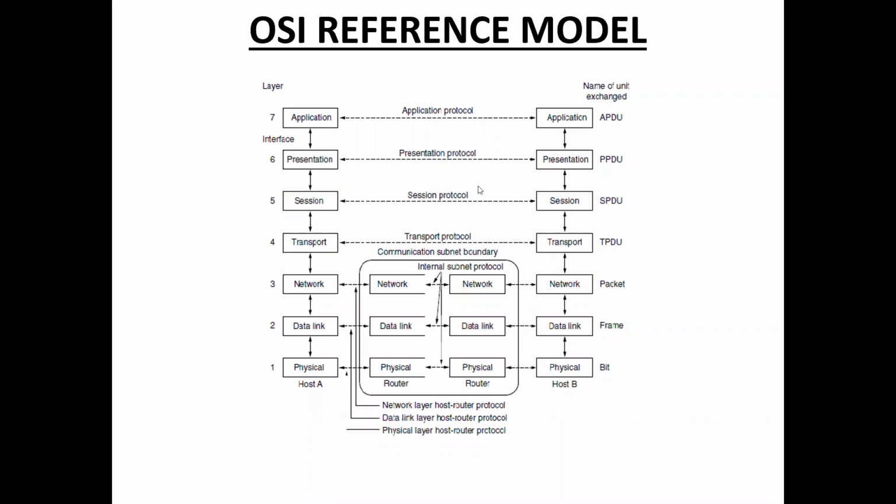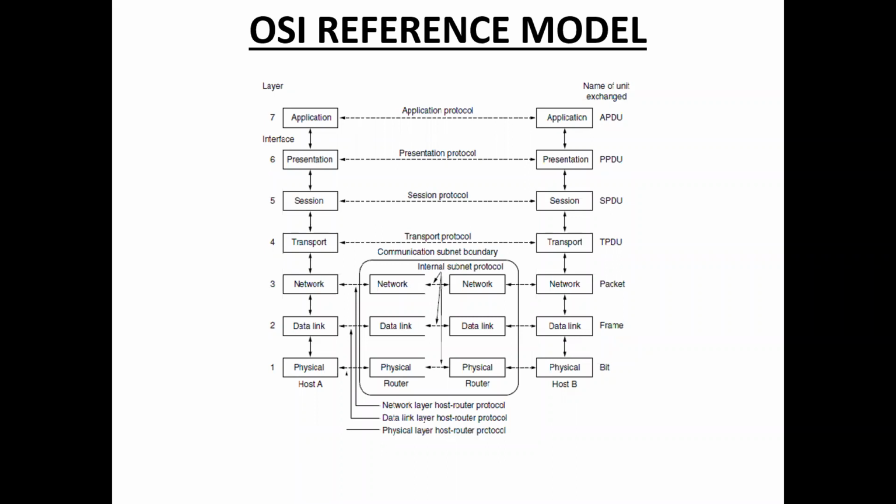And protocol is the set of rules and standards that are used to exchange data between hosts A and B. That is the definition of interface and protocol. Interface is the connecting point, and protocol is the set of rules and standards to exchange data between 2 hosts A and B.